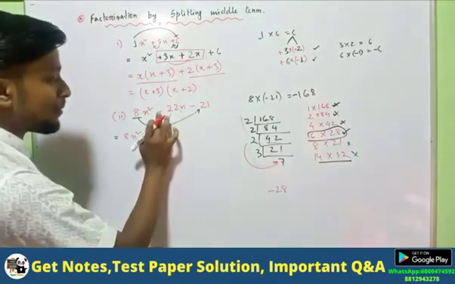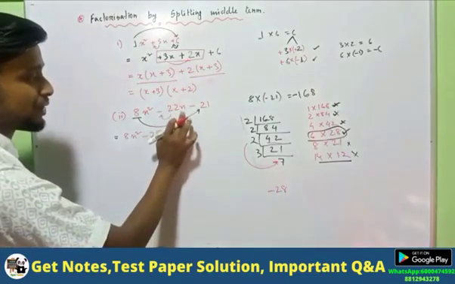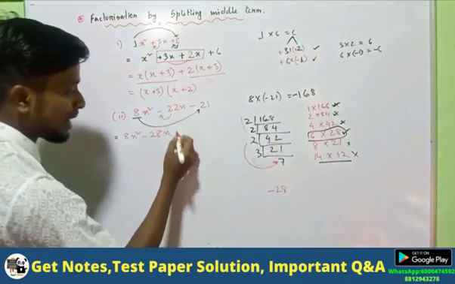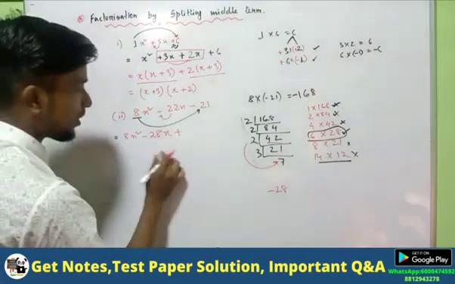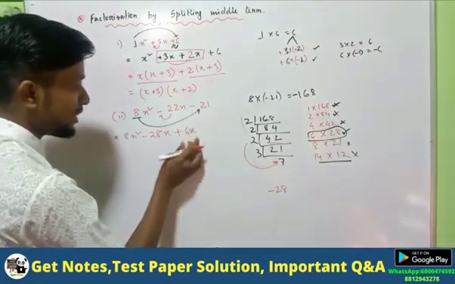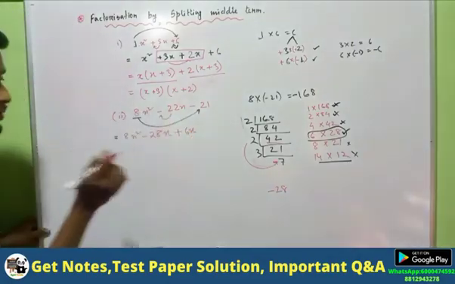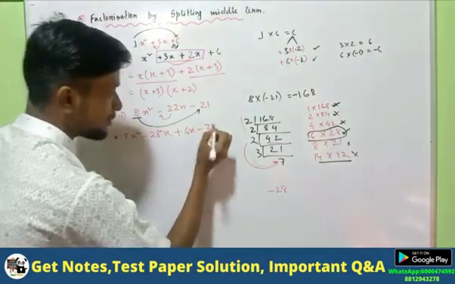To get minus 22, what sign do we have to put here? Obviously plus, right? Then only we can get minus 22. The rest of the terms will be the same.